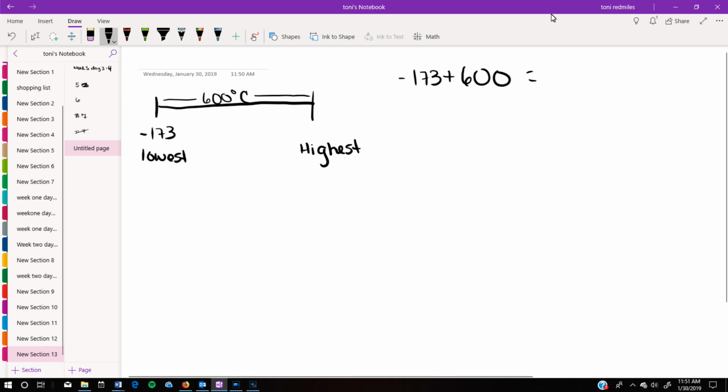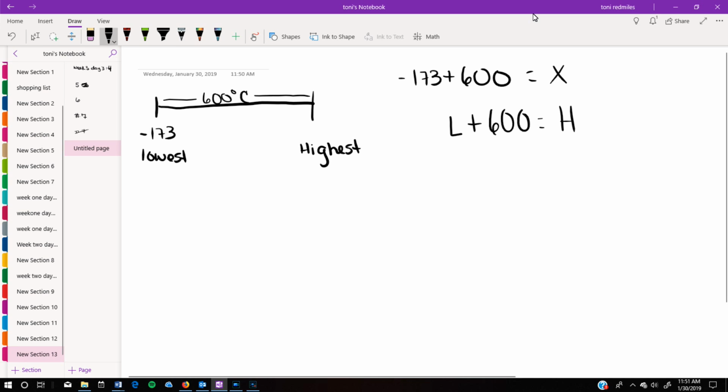So this would be the addition or subtraction way, but I want to write it in an equation. So I could either put this equals x, and that would make it an equation, okay? Or I could say the lowest temperature plus 600 would give me the highest temperature.